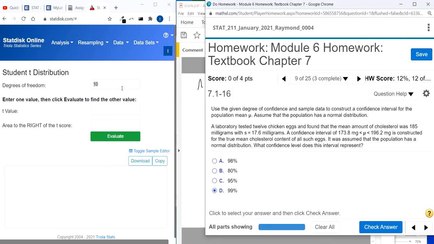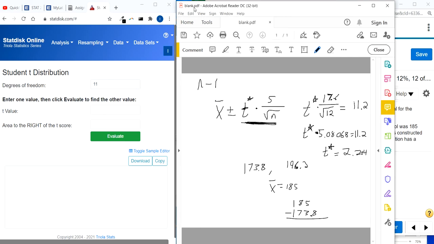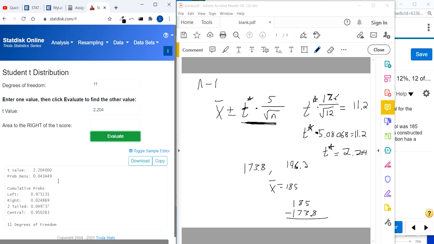There are 12 chicken eggs, so 12 minus 1 makes 11 for the degrees of freedom. Okay, and then our t value is 2.204, and if we hit evaluate, that gives us 0.04, and oh, they say two-tailed right here. It's about 0.05. That means that's the area in the tails here.